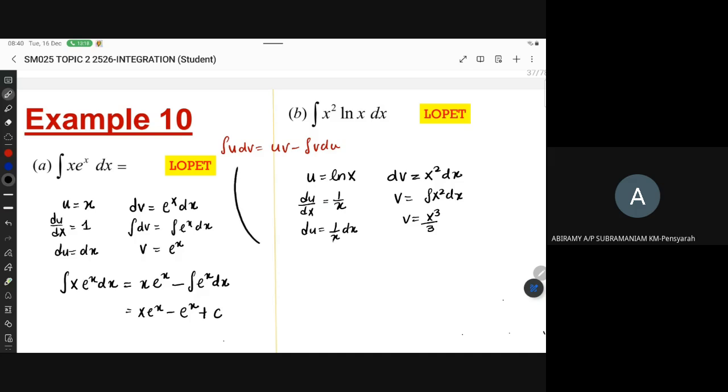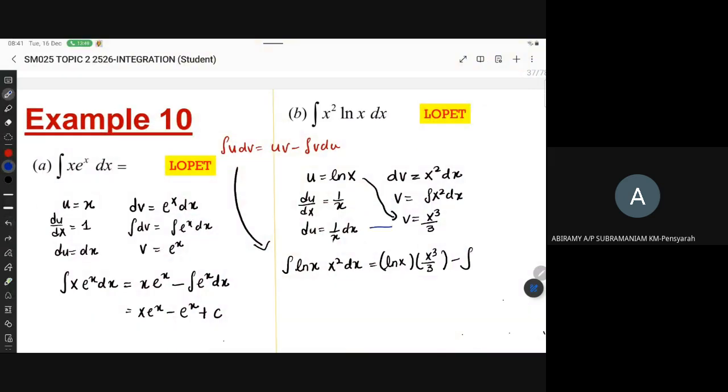So we are going to use this formula, integral of u dv, where u is ln x, dv is x squared dx, equals u multiply v. So u multiply v is ln x multiply x cubed over 3, minus integral v du.